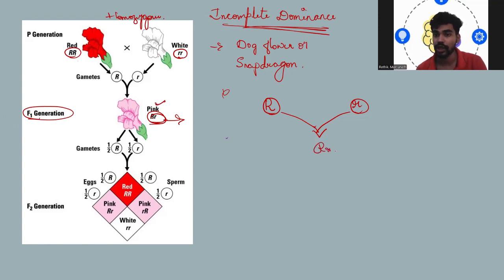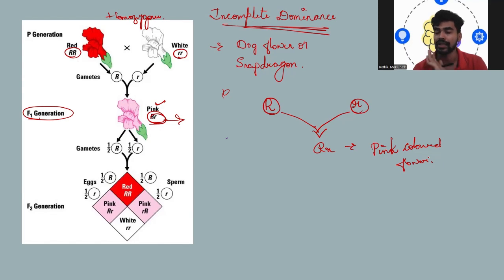So they observed a pink colored flower. That means instead of expressing any one character from the parent, a new character was expressed, that is, pink color.